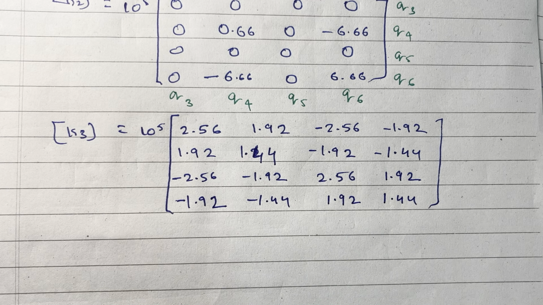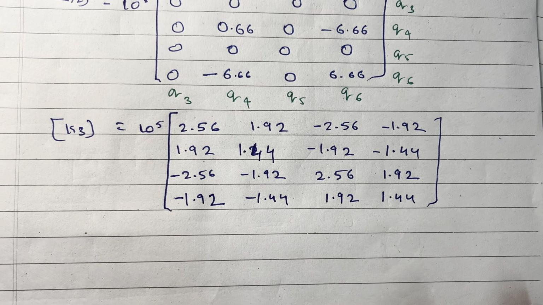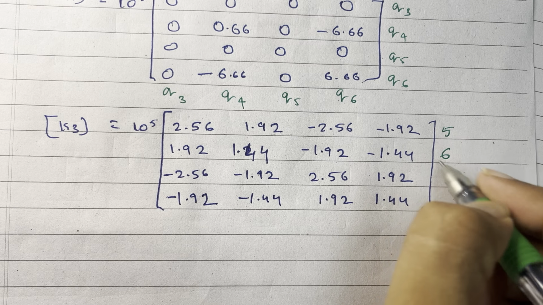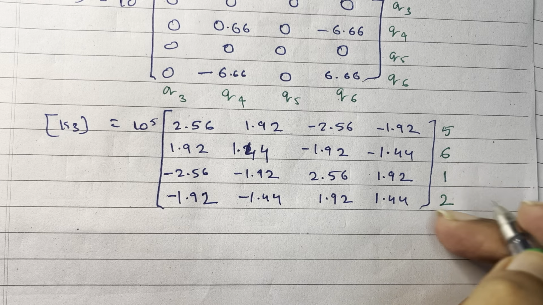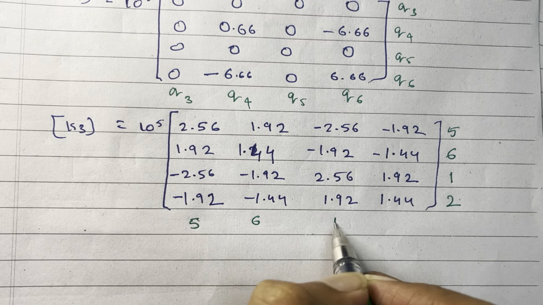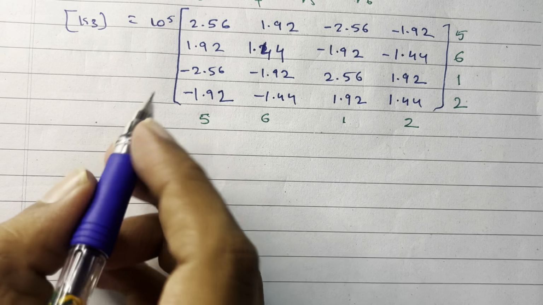So this K3, element 3, is considered for node 1 and node 3. That's why it is 5, 6, that is node 3, and 1, 2, that is for node 1. Okay, similarly here 5, 6, 1, 2. Similarly, we have to write K4.